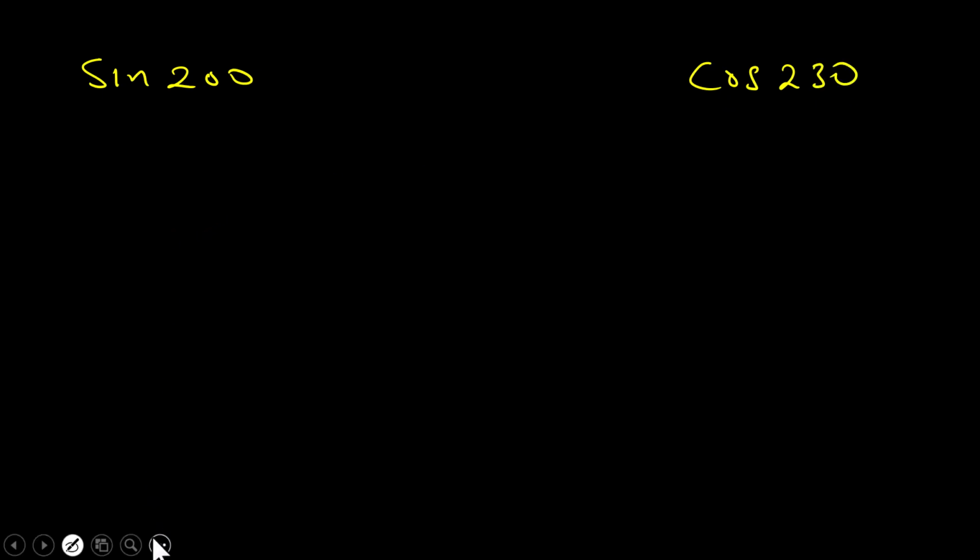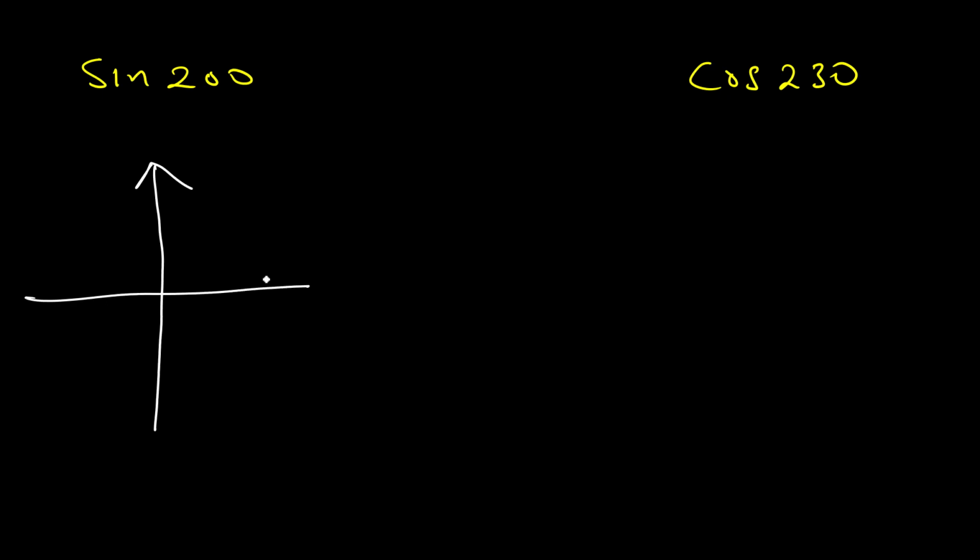Go ahead and try the following. So we have sine 200. Okay, so 0, 90, 180, 270, then 360. So where do we locate 200? We start from this way anticlockwise.